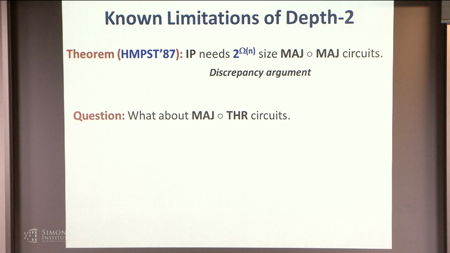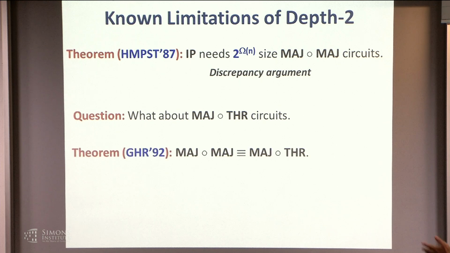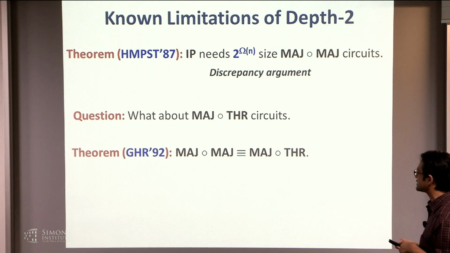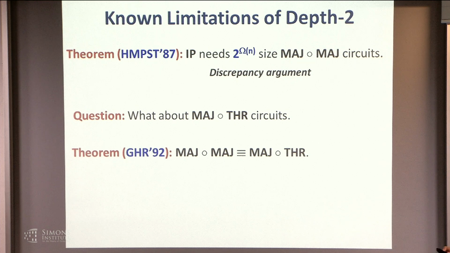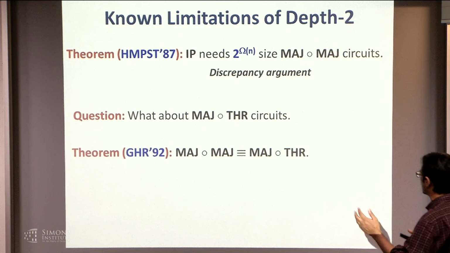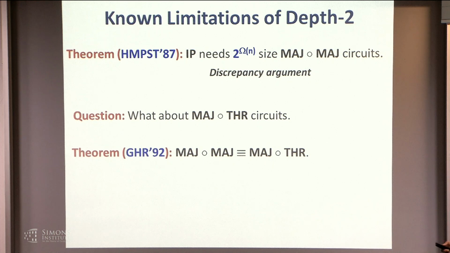In fact, if you go back to the previous argument, you could do the same thing there without any loss. But what is surprising is that in this important work due to Goldmann, Hastad, Razborov from '92, they showed that these two classes turn out to be exactly the same. They're just within a polynomial factor apart. And this is quite interesting.